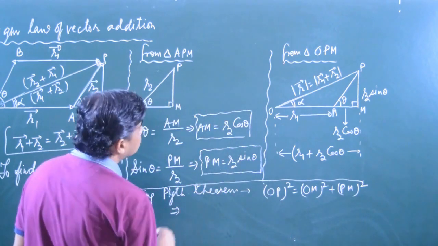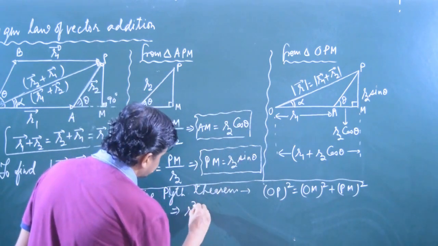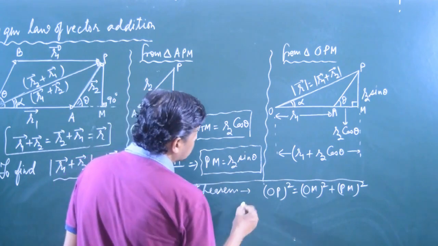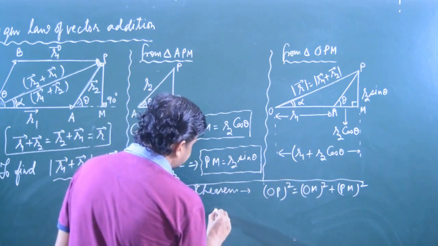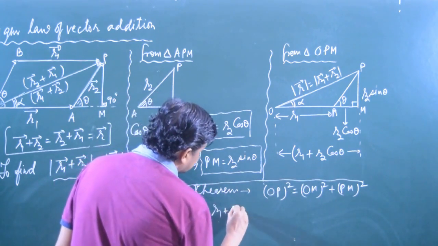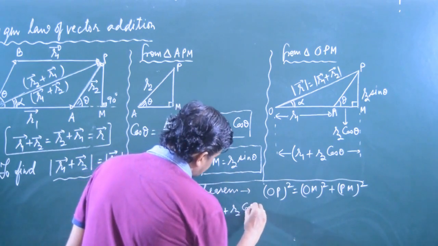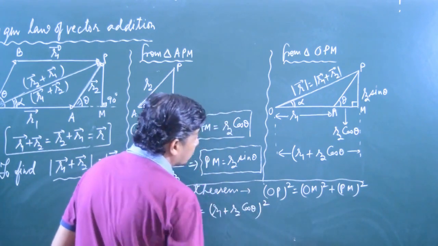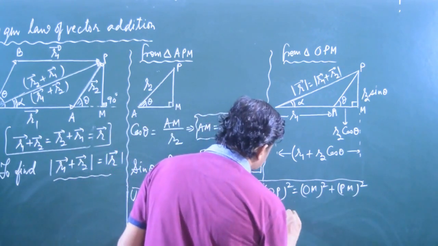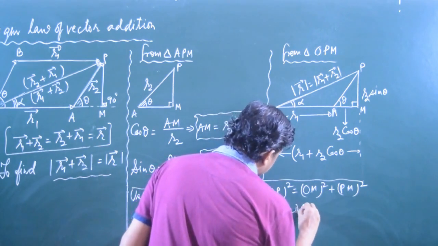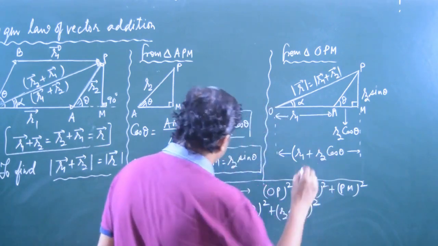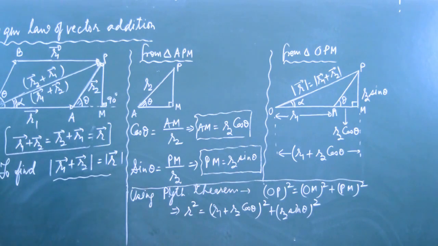OP square, OP is R, R square is equal to, what is OM? It is R1 plus R2 cos theta square and plus R2 sin theta square. Okay, now we simplify it.